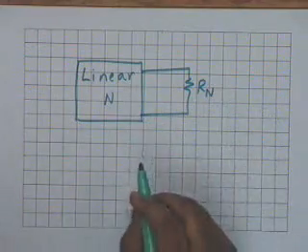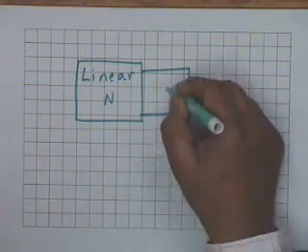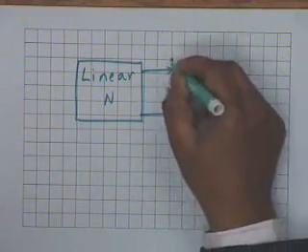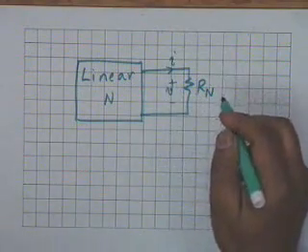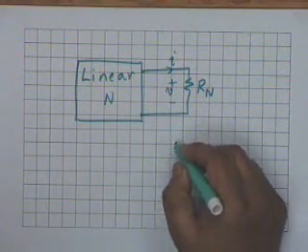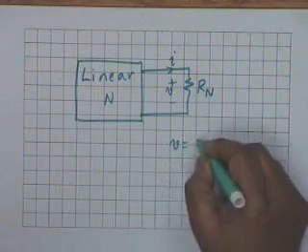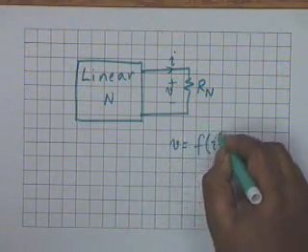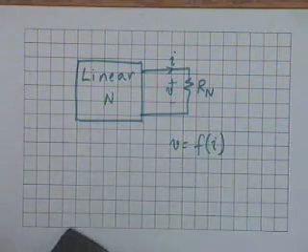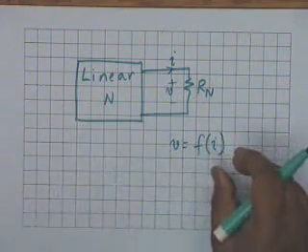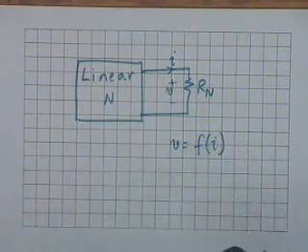The nonlinear resistor Rn is characterized by a voltage current relationship which is, let us say, V equal to f of I, some function of I. As I had said earlier, f of I could be approximated by a power series which has to be truncated at a certain power.